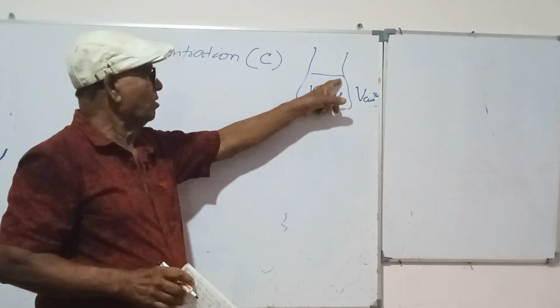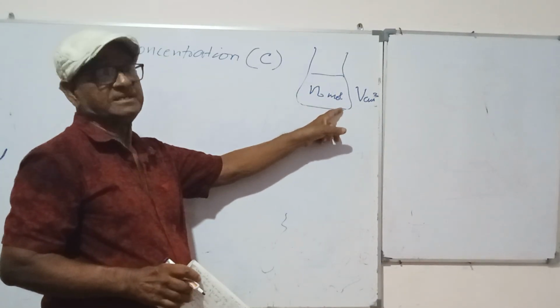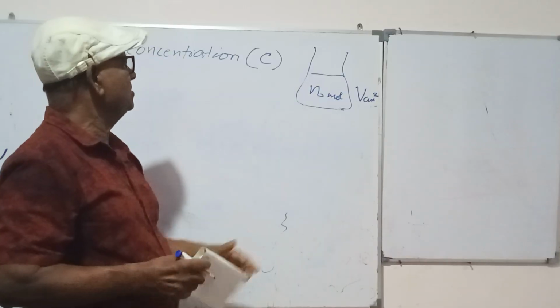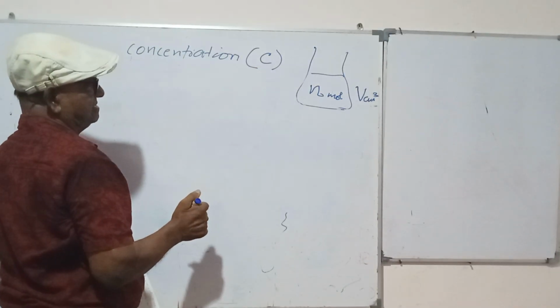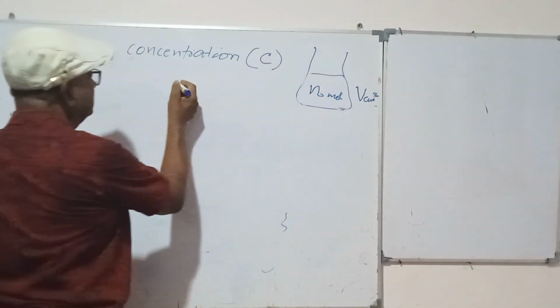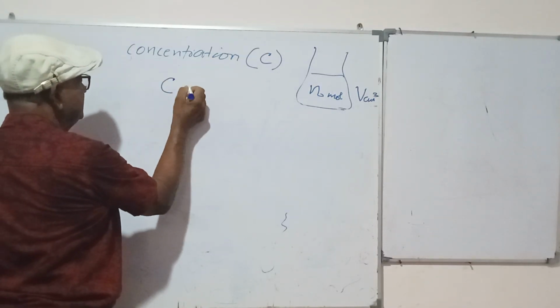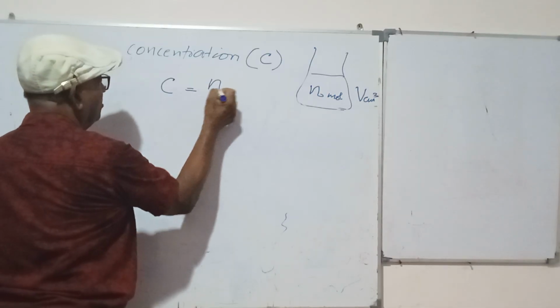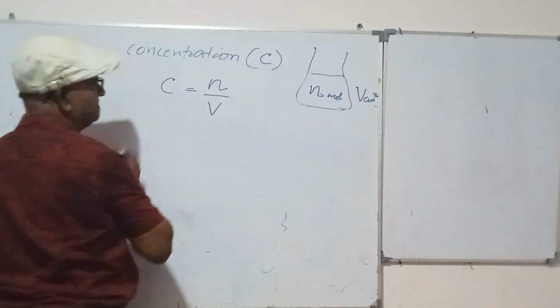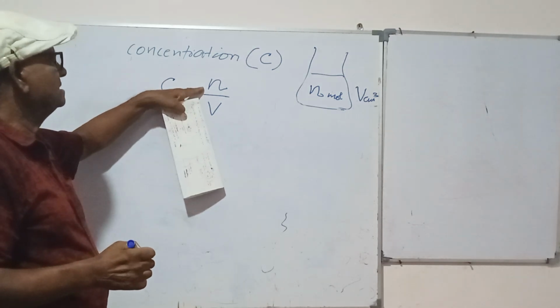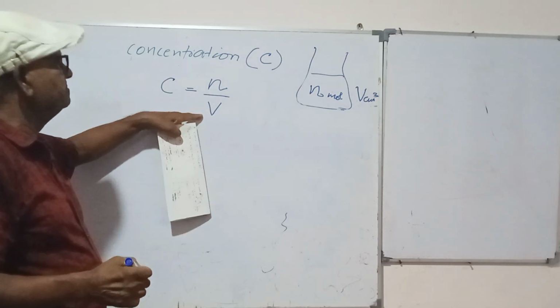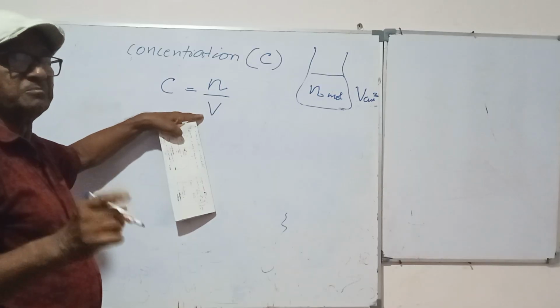V is the total volume of the prepared solution. If so, we can calculate the concentration with the equation C equals N over V. Concentration equals number of moles of the solute divided by the total volume of the solution.